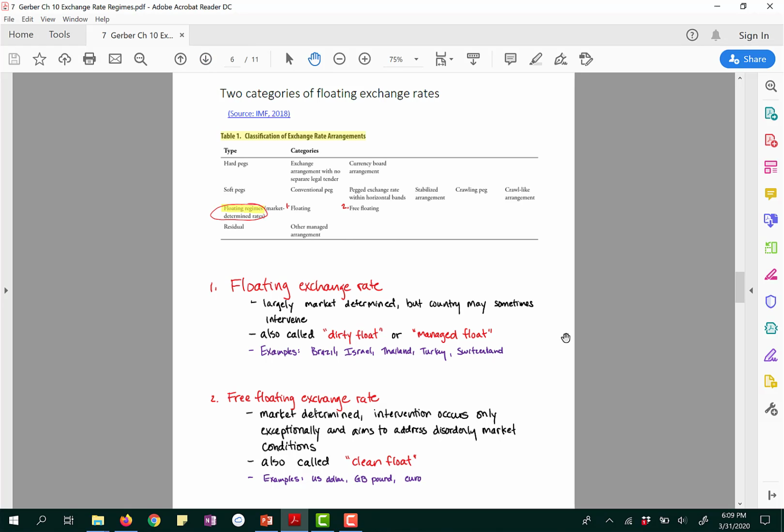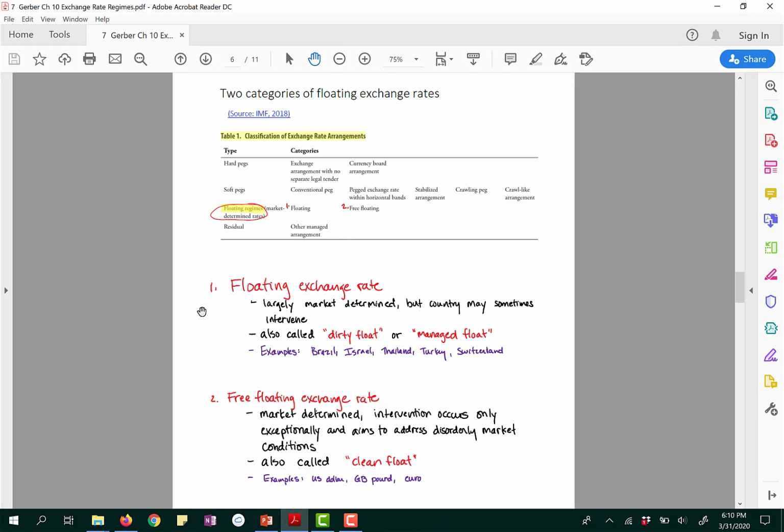The third category says floating regimes, but there are actually two subcategories within this category. The first one, floating, means that the exchange rate is largely determined by market forces, so the forces of supply and demand, but the country sometimes intervenes.